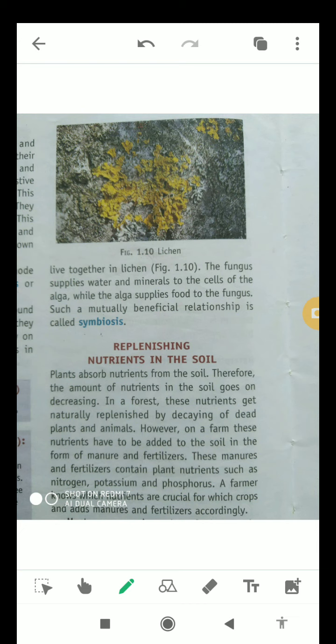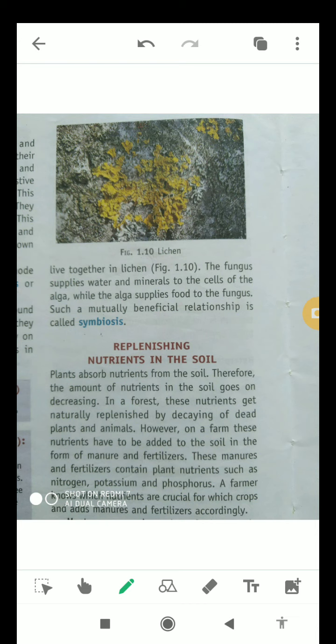In a forest, these nutrients get naturally replaced by the decaying of dead plants and animals. So in the forest, there is a benefit that these nutrients are available all the time because dead plants and animals are mixed into the soil on a regular basis. But apart from the forest, it is not possible. That's why the nutrients are not available all the time in normal soil.